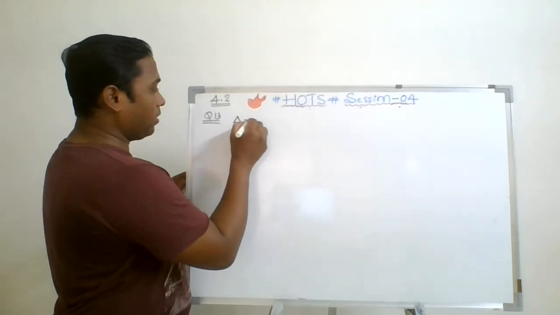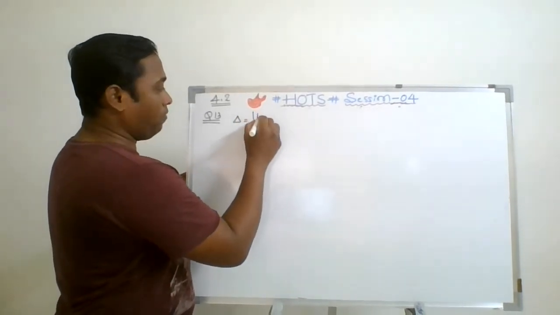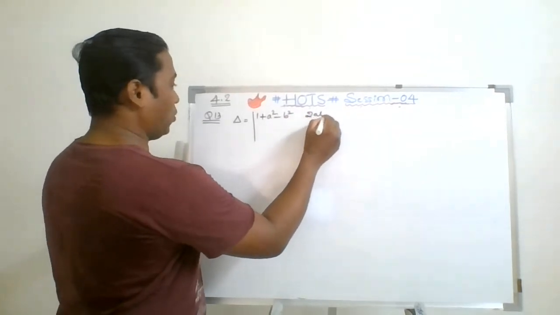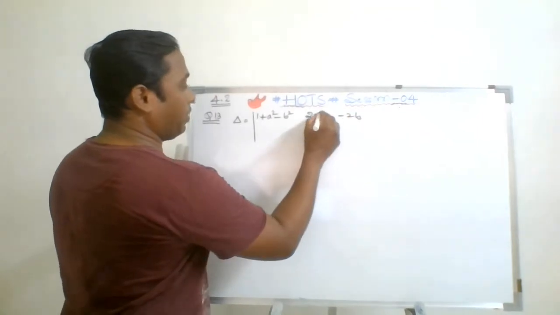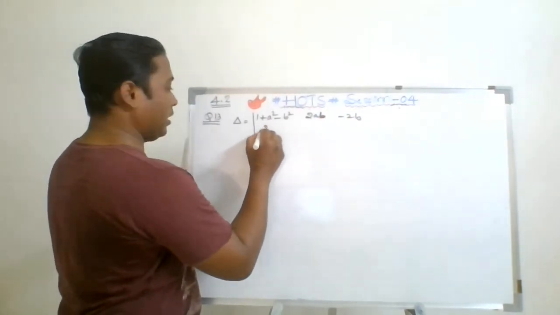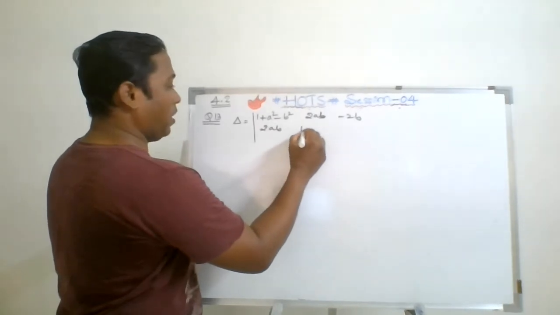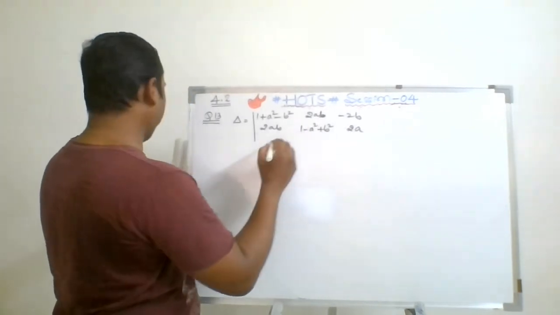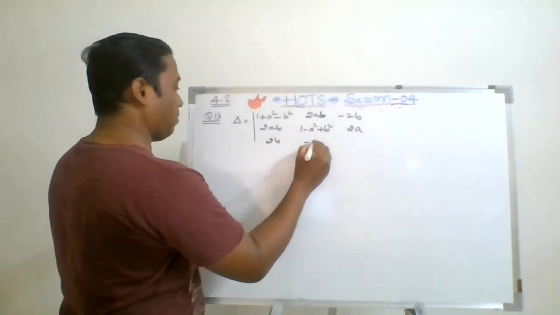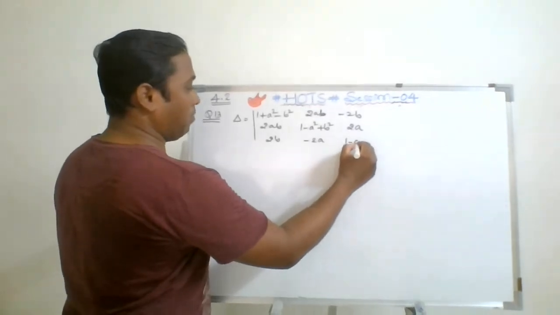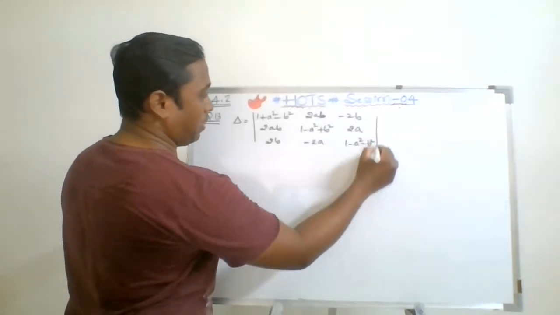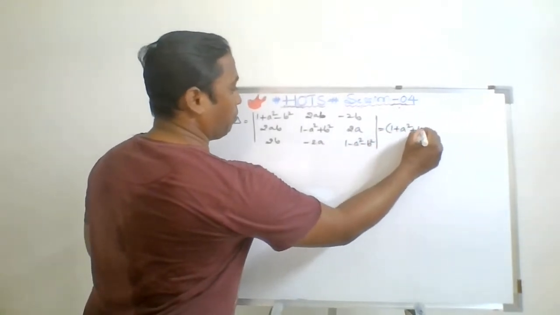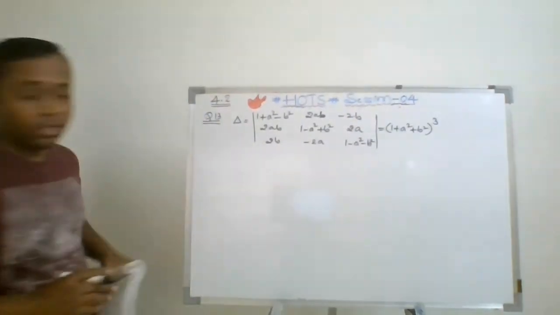Prove that delta, which is equal to, very critical question it is, 1 plus a square minus b square, 2ab, minus 2b; 2ab, 1 minus a square plus b square, 2a; 2b, minus 2a, 1 minus a square minus b square, which we need to prove equals (1 plus a square plus b square) the whole cube. Correct.